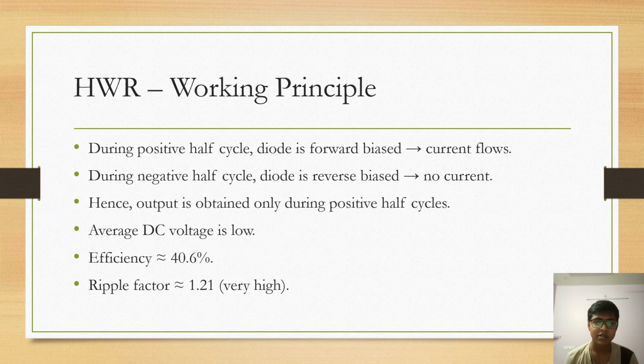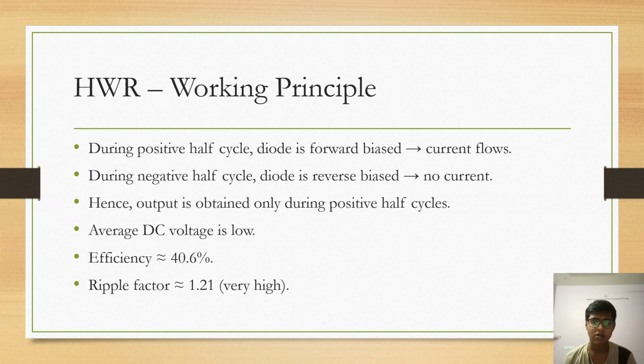Its working principle: during the positive half cycle, the diode is forward biased and current flows. During the negative half cycle, the diode is reverse biased and no current flows, so the negative half cycle is blocked.